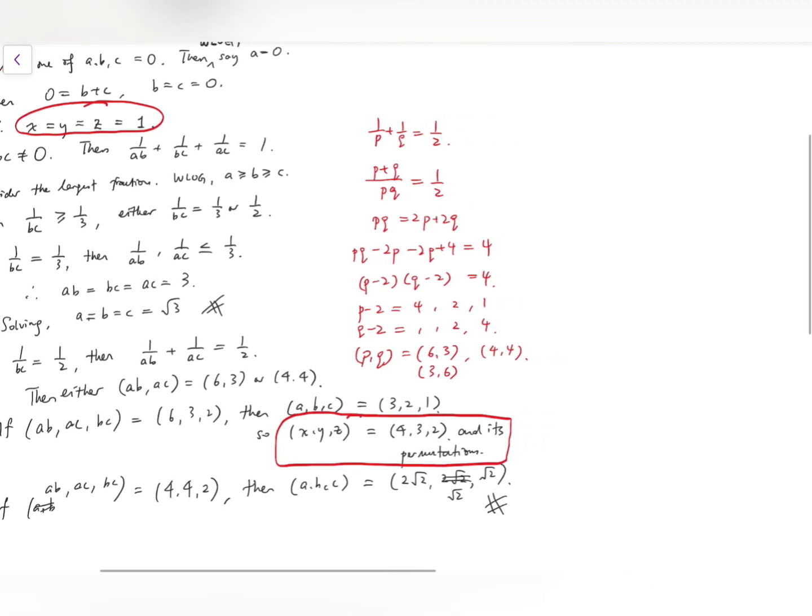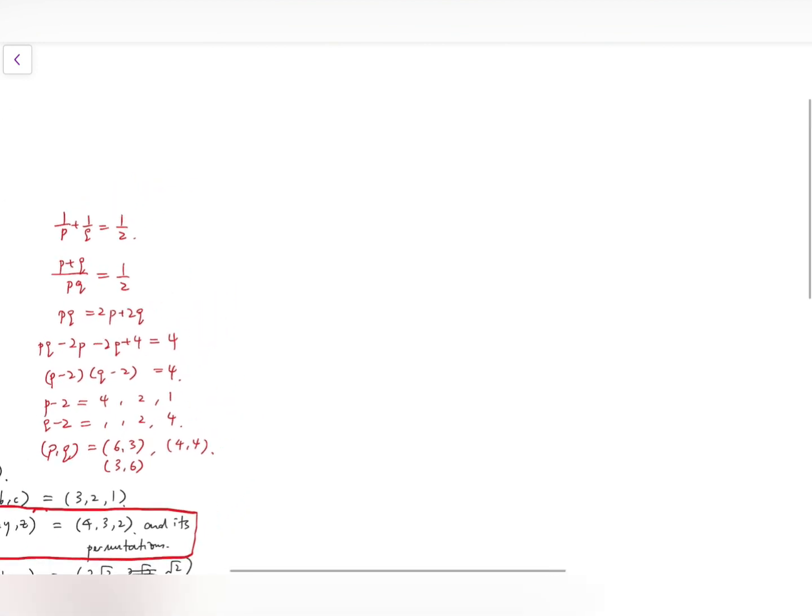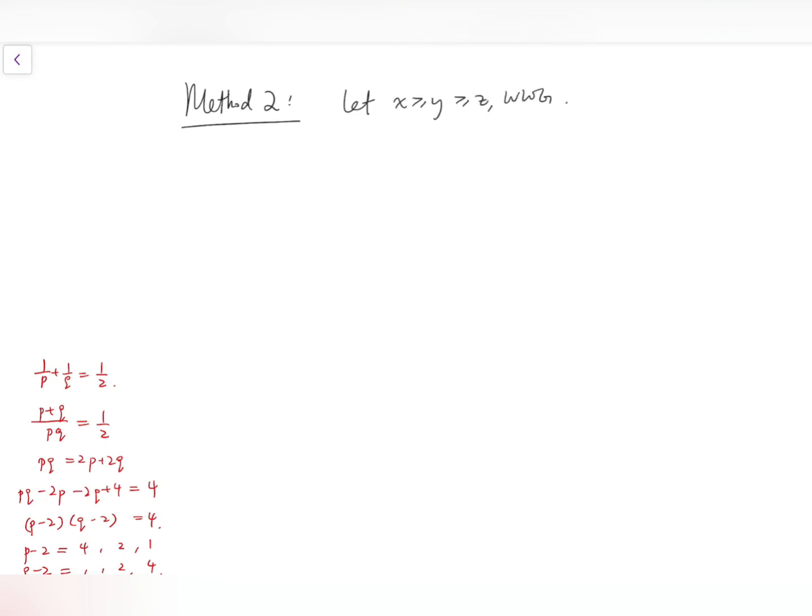Now it seems that this approach is quite complicated or quite tedious. Then my second approach would be to make use of the symmetry in the first place, which is to assume x is the largest.